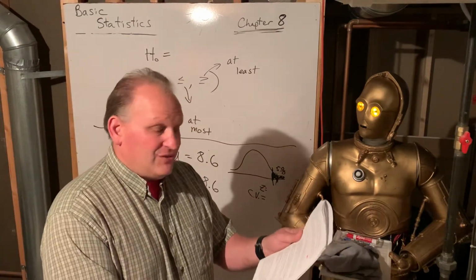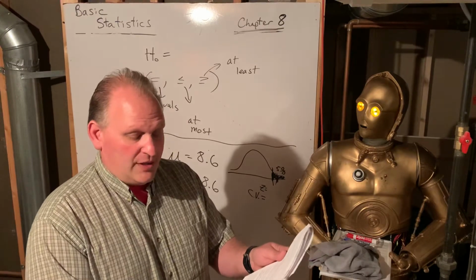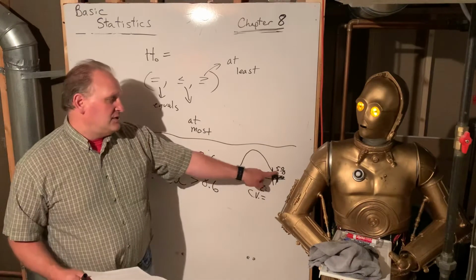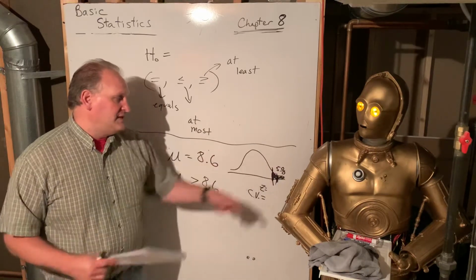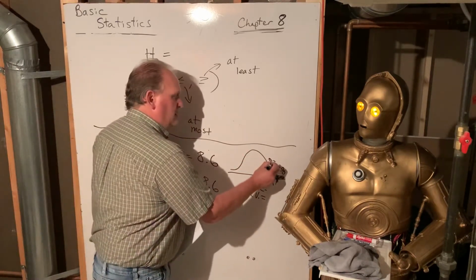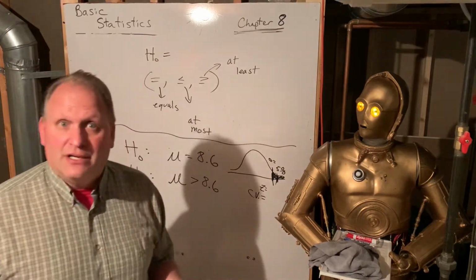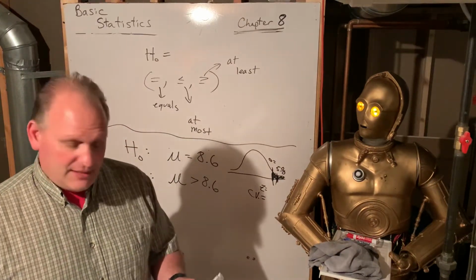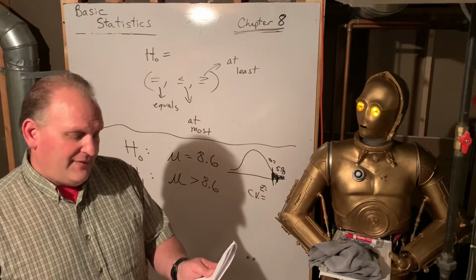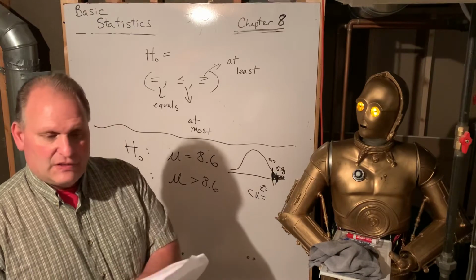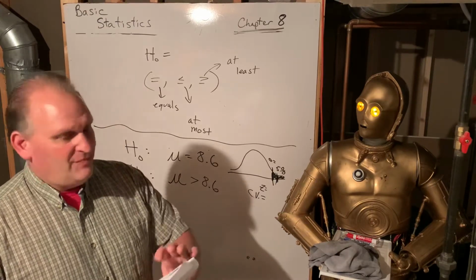The way to reduce a type 1 error is just lower your alpha. So if I want to reduce the chance of a type 1 error, the type 1 error chance is always the same as your alpha. So alpha is 5% here. If I make that 1%, I've just reduced the chance of a type 1 error by 4%. If I make it 0.5% or something like that... Type 1 errors are when you reject the null but should not have.